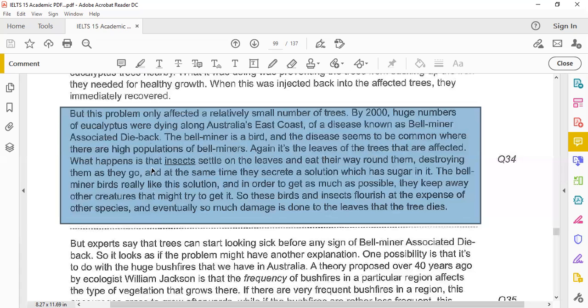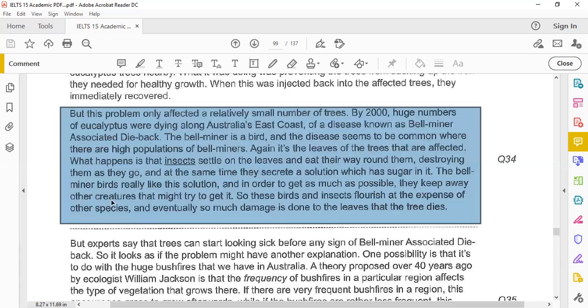What happens is that insects settle on the leaves and eat their way around them, destroying them as they go. At the same time, they secrete a solution which has sugar in it.